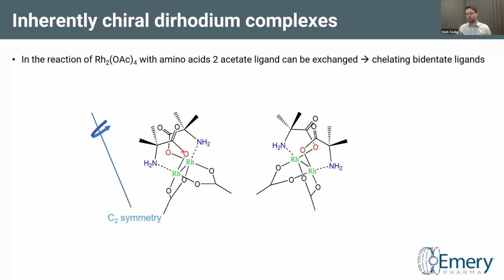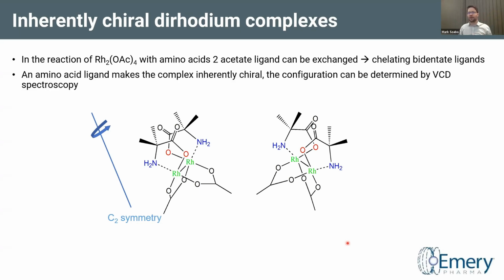And you can see the 2 amino acids coordinated to the rhodium core. But as a result, the rhodium core becomes chiral. We call this inherently chiral. And the configuration of the amino acid predetermines what the configuration will be at the rhodium core. These are mirror images, as you can see.